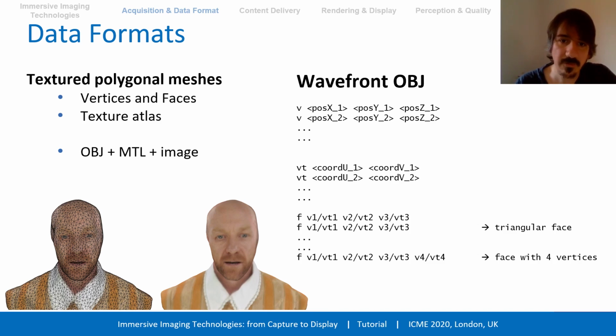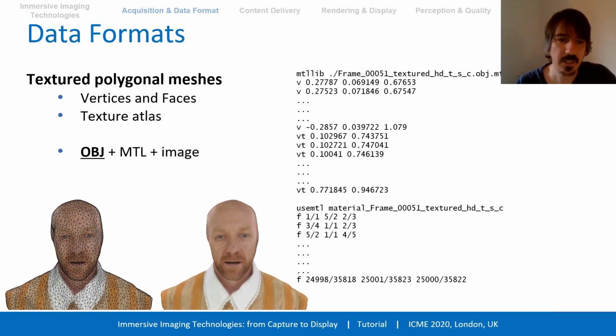A useful file format is the Wavefront OBJ, which contains the vertices' 3D coordinates x, y, and z, the UV coordinates on the texture atlas, and the face information with the associated vertex and texture coordinates. So here we have a sample OBJ file on the right, and it starts with the material file at the top.